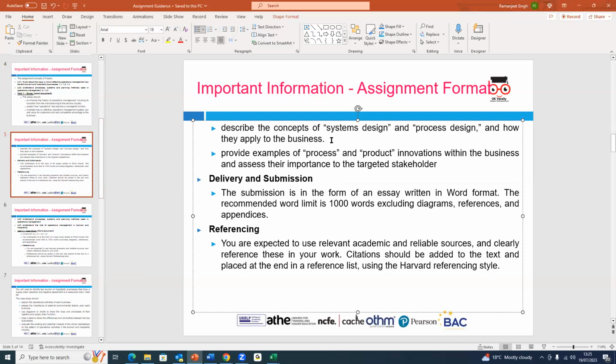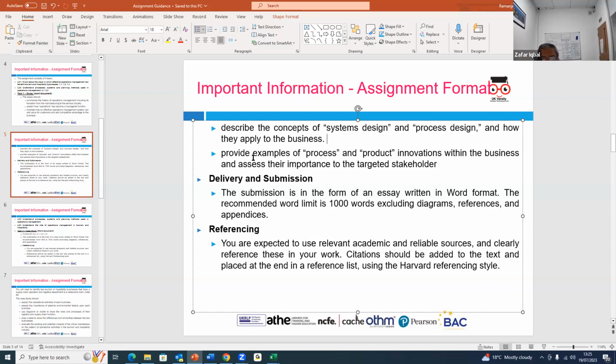So maybe systems theory, and you look at the newer concepts, total quality management or international standards, where you describe the systems design or process engineering or re-engineering or total quality management, their application, and how they apply to the business and what they can do in order to become efficient. That's the idea.